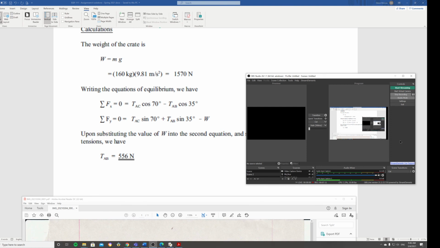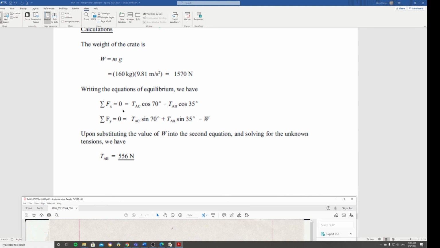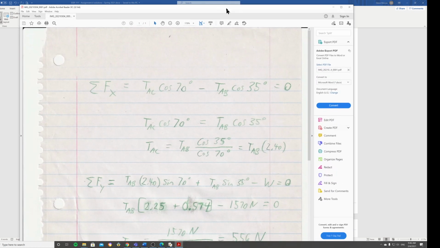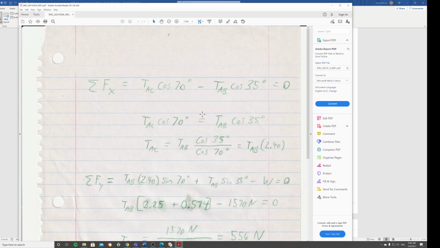Okay, so continuing on with this problem. If you make the substitution into the second equation and solve for the unknowns, you can come up with an answer of 556 newtons. Let me go through the steps here. The approach I took was to solve for TAC in terms of TAB.